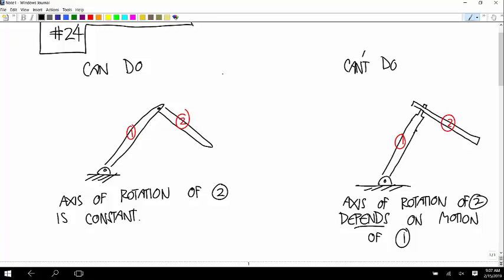But it creates a new problem. Now, as member 1 is moving, your coordinate system is rotating. Okay. So this is the main type of problem that we're going to do with a rotating coordinate system. This one, we don't need to do that. We can fix our coordinate system like this, and then the axes of rotation are just in the z direction no matter what.